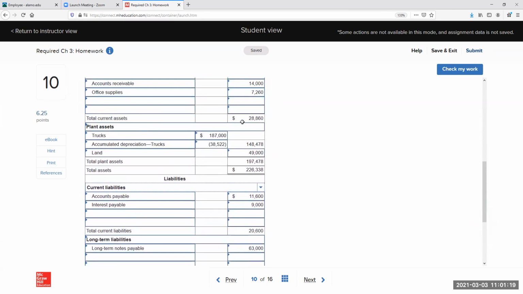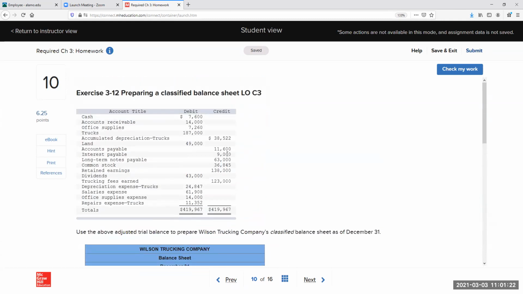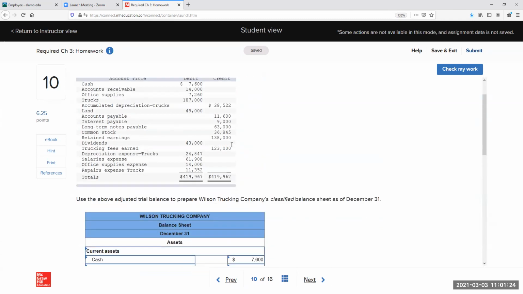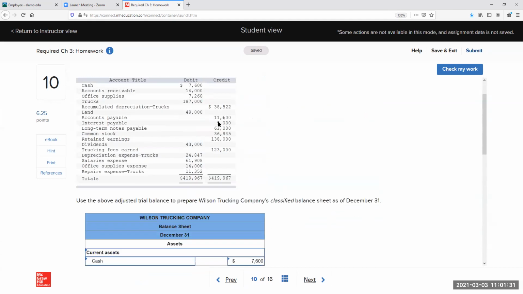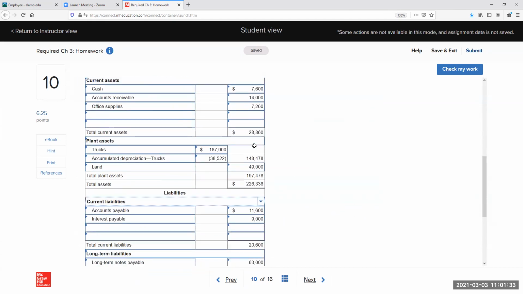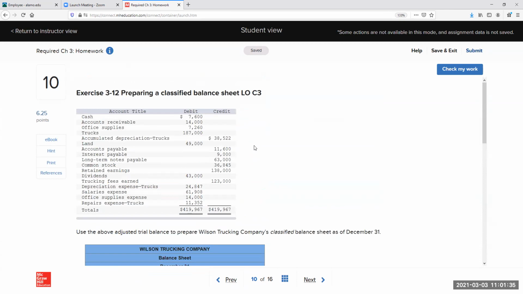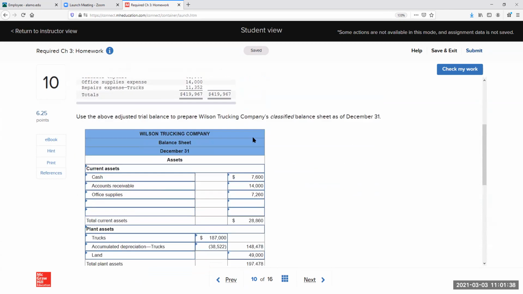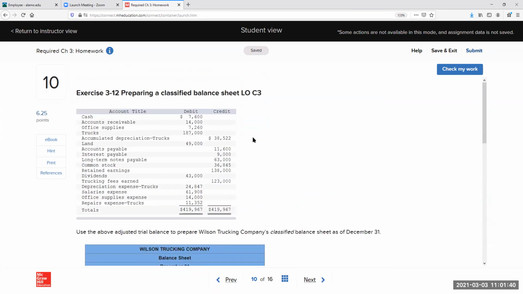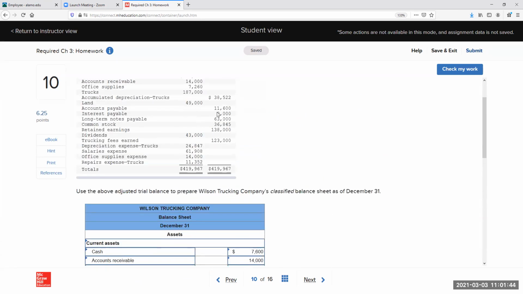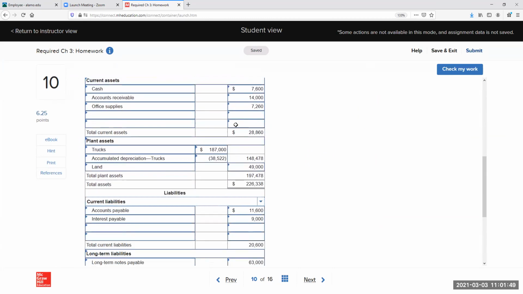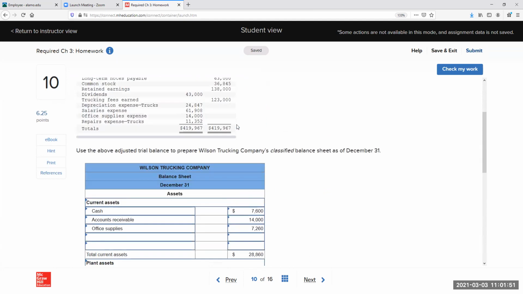Oh, I'm off by a few dollars here. 38,522, and 49 is the land. Do I have the right amount of land? 7614, 7260. Trucks 187 less 38,522 and 49 land. 11.6, 9 and 63.